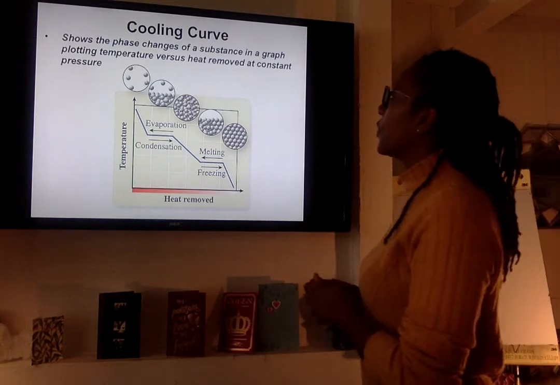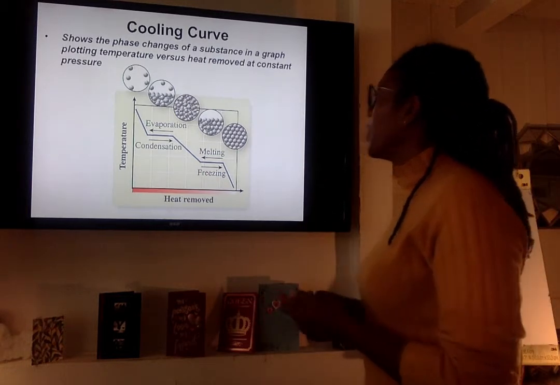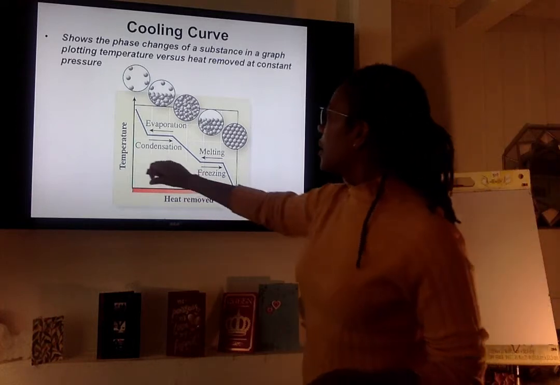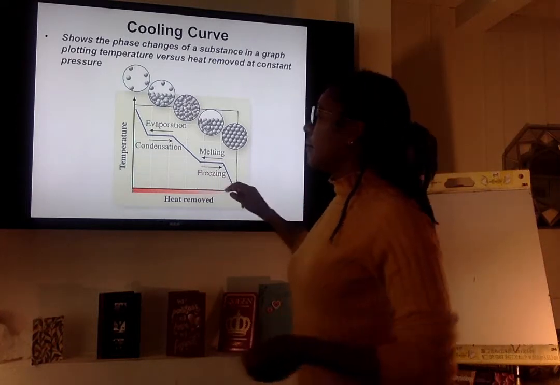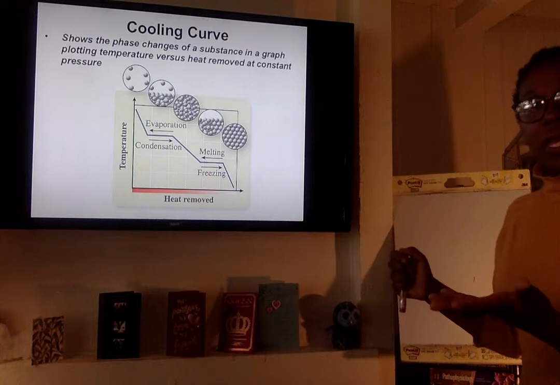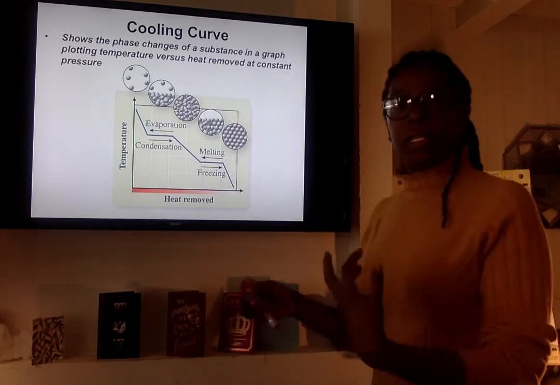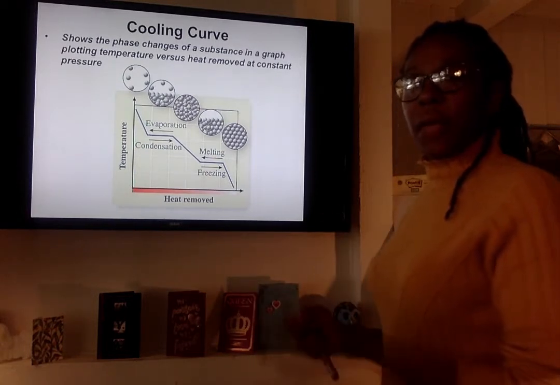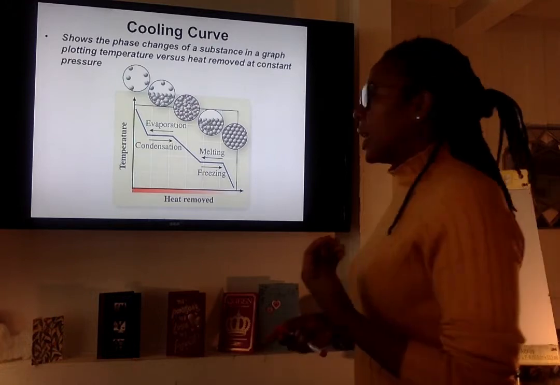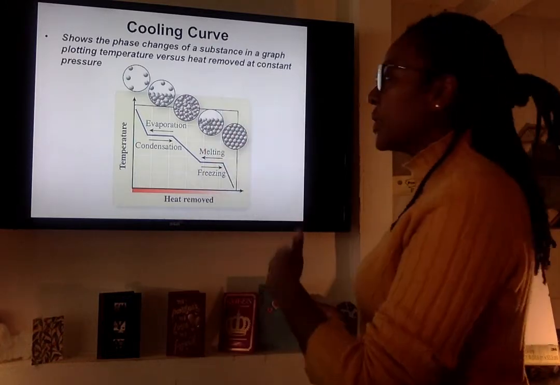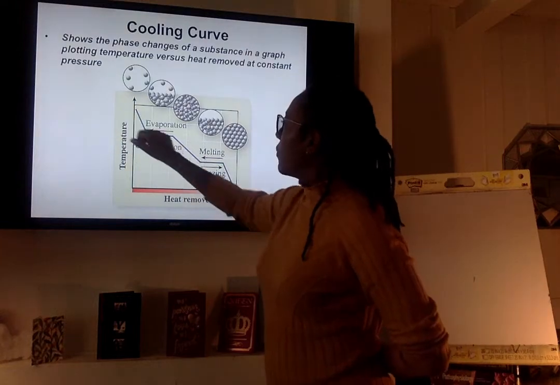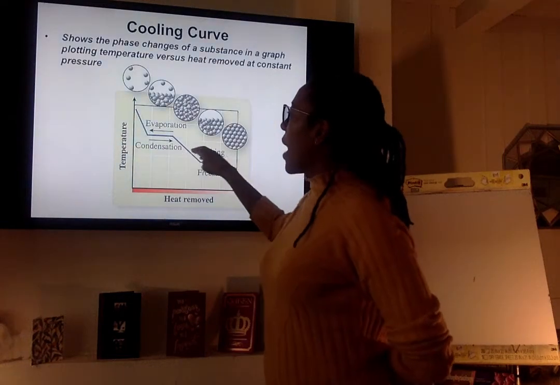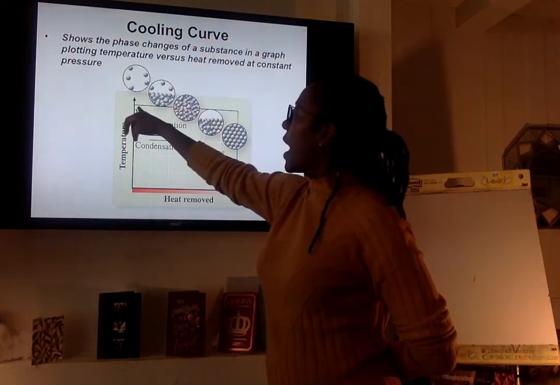So for the cooling curve, you're going to be looking at condensation and freezing, because you're cooling this substance, which means you're going in a negative or opposite direction. With evaporation, you're adding more heat. It's going from liquid to a gas.